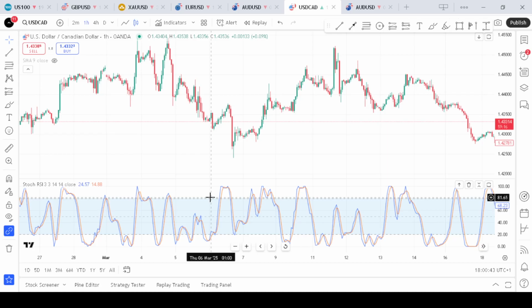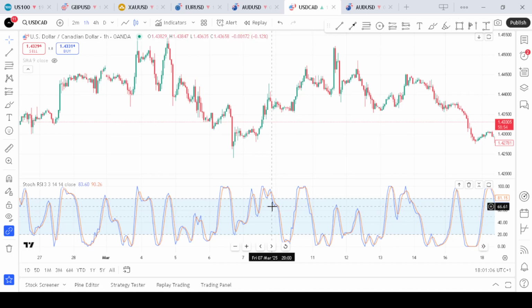So when using the stochastic indicator, traders often look out for crossovers between the indicator's K line and D line, and monitor when the indicator moves in and out of the overbought and oversold territories. These signals can help identify potential entry and exit points.